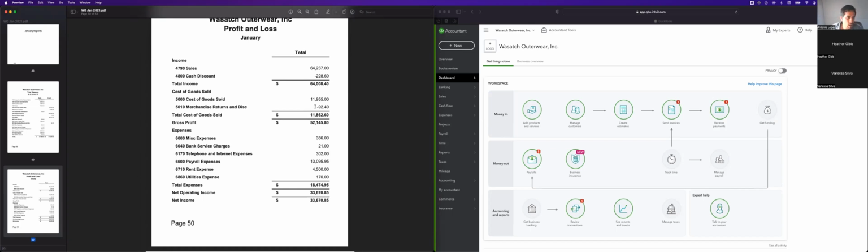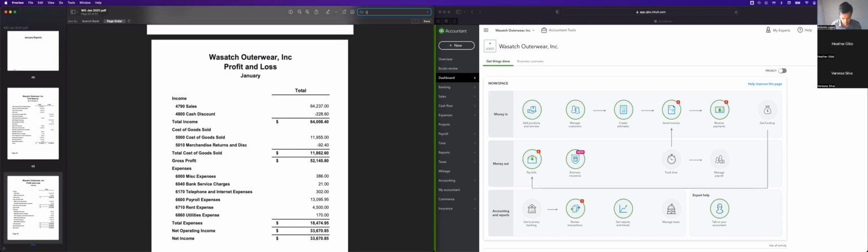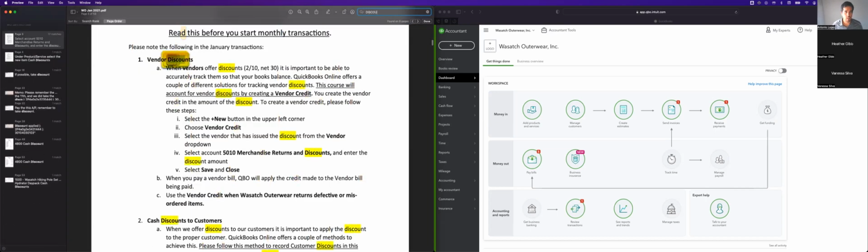Mm-hmm. So let's say all the discounts that we received by paying should be there. Yes. And then probably that's what's wrong with it. Yeah, I'm trying to think. Vendor discounts.